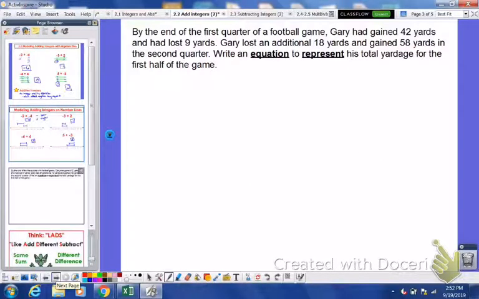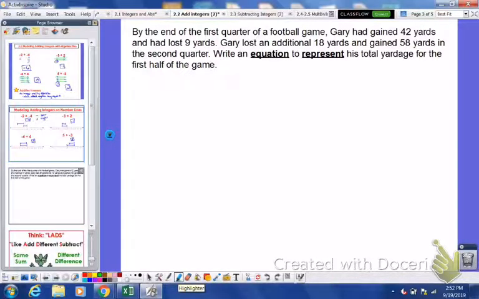All right, let's look at a word problem. By the end of the first quarter of a football game, Gary had gained 42 yards and had lost 9 yards. Gary lost an additional 18 yards and gained 58 yards in the second quarter. Write an equation to represent his total yardage for the first half of the game. Okay, so picking out information.